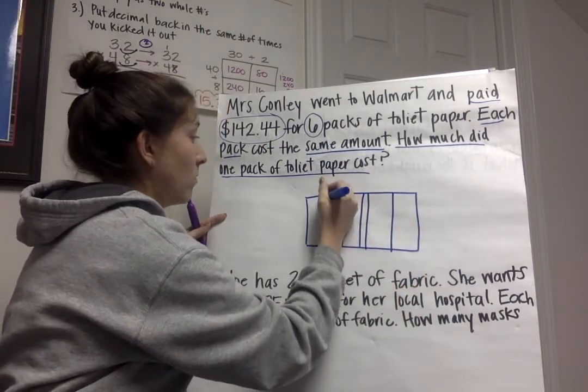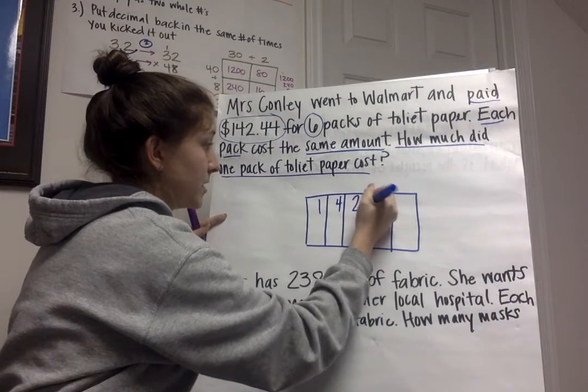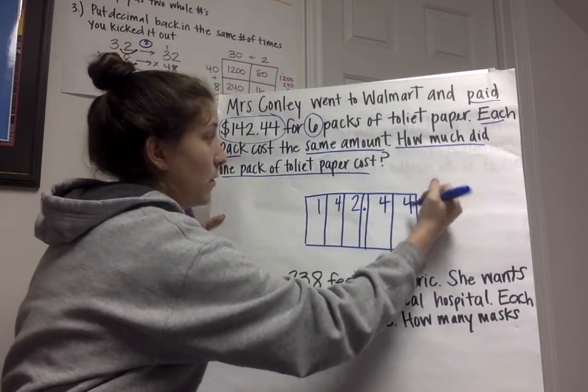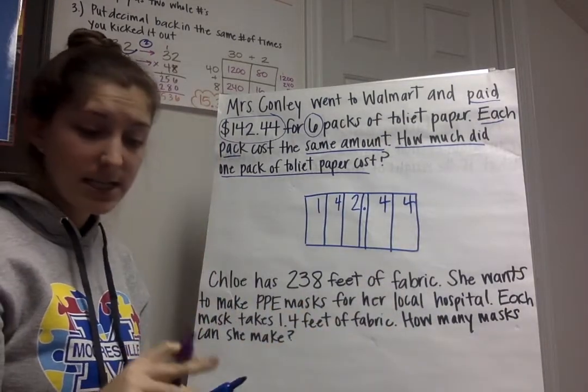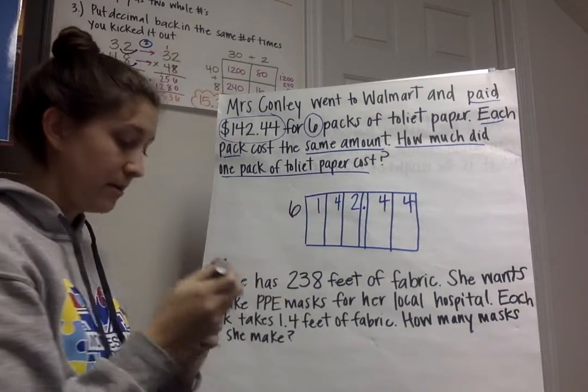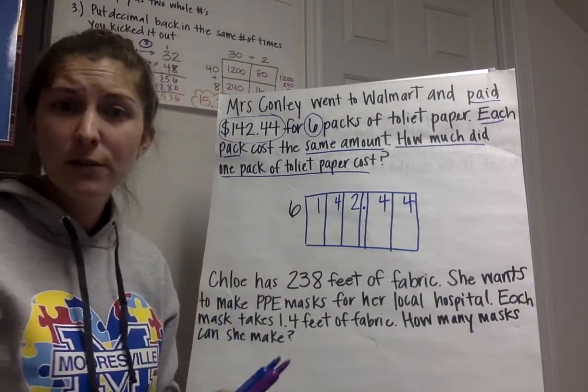So I've got 142, my decimal point, 44. My 6 is going to be the divisor. So I'm going to put my 6 on the outside right here. And then I'm looking for my quotient.